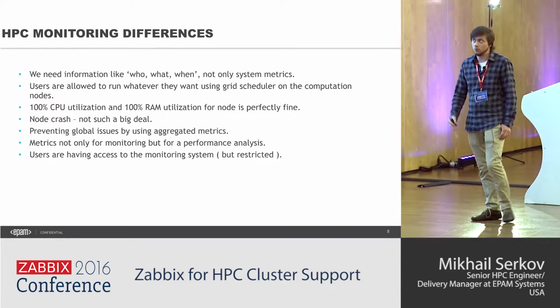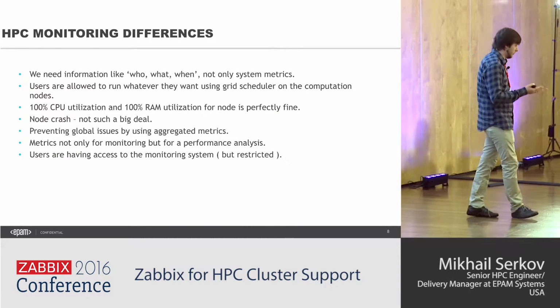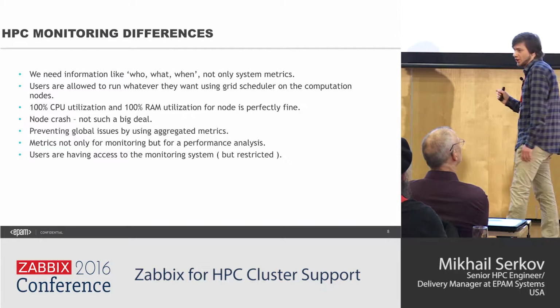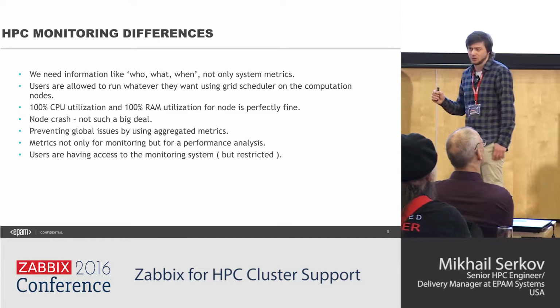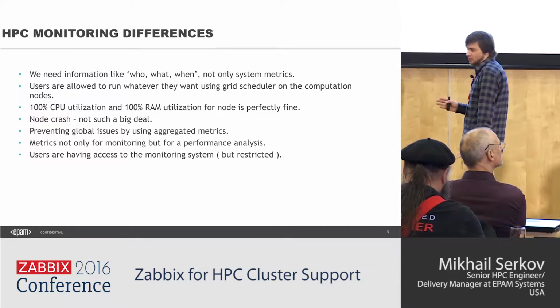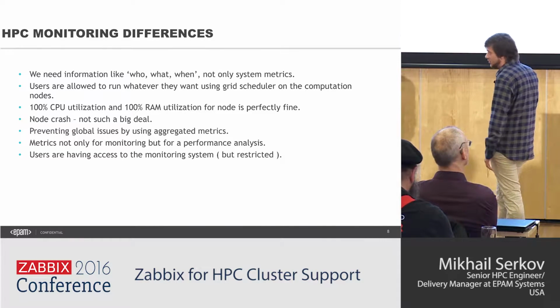So 100% CPU utilization and RAM utilization is perfectly fine. It means that everything works fine. So we have no such checks like, oh my God, load average is more than 0.8, something is wrong. No, 100% is perfect. A node crash is not a big deal.